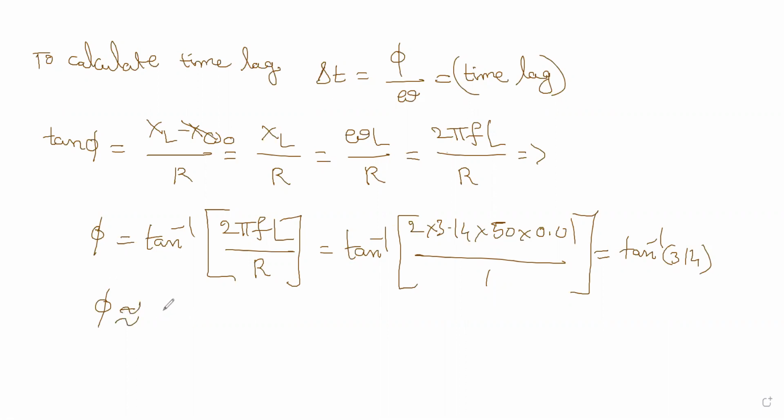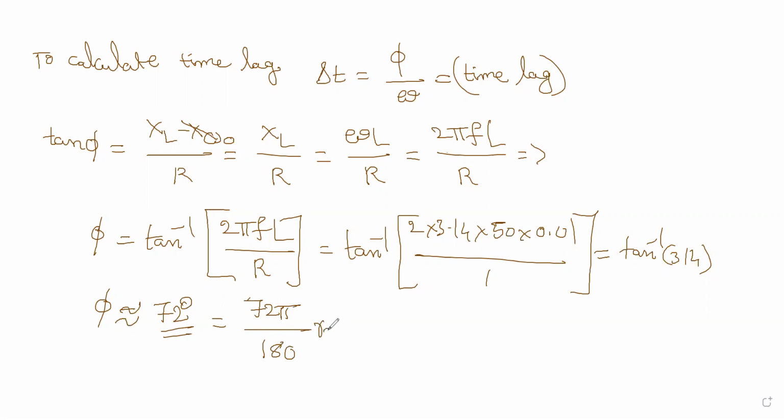When you use the calculator, you get approximately 72 degrees. But you have got to convert into radians. So 72 into pi by 180. This is how you convert into radians.